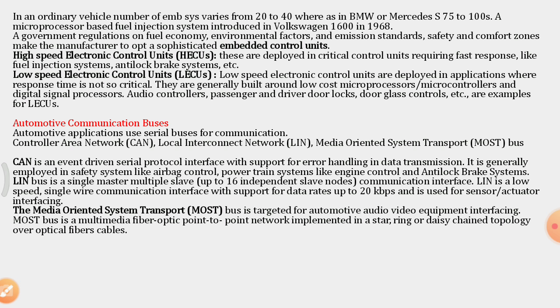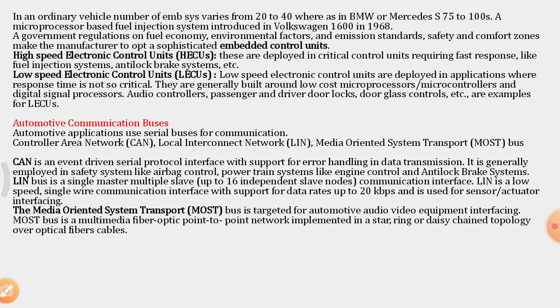Government regulations on fuel economy, many environmental factors, emission standards, and safety and comfort requirements make manufacturers opt for very sophisticated embedded control units. There are two types of embedded control units: high speed electronic control units and low speed electronic control units.